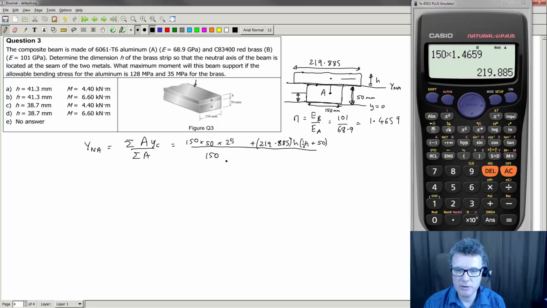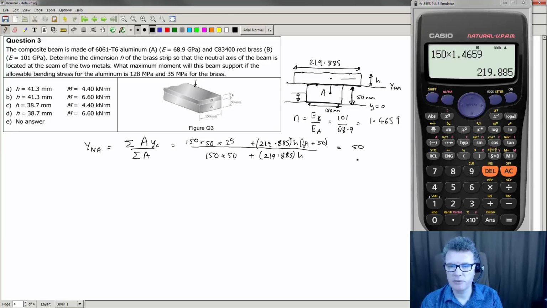So we've got 150 times 50 plus 219.885 times h. We know our y neutral axis is supposed to be at the seam, so it's supposed to equal 50.